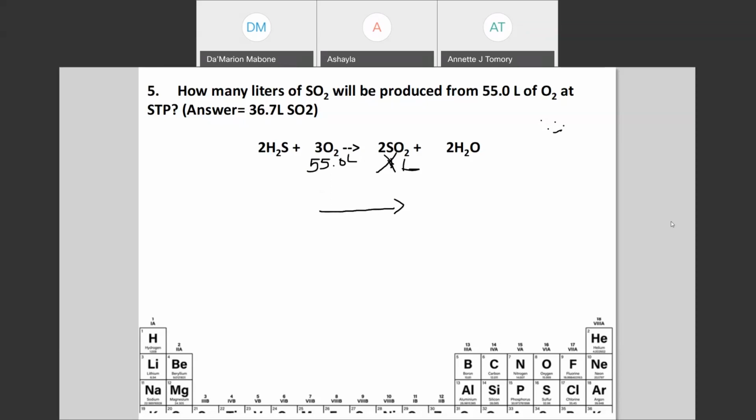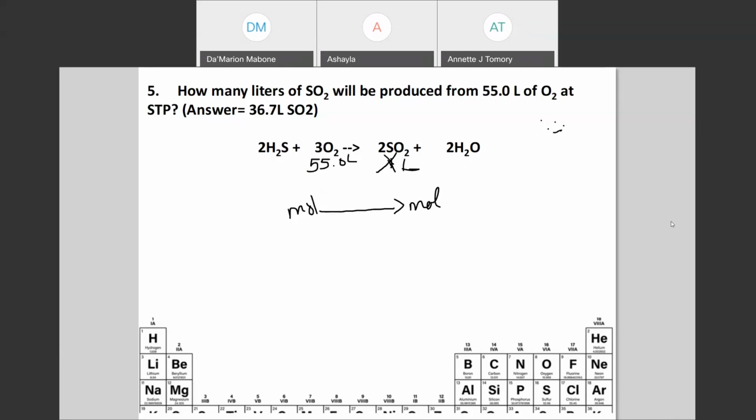I'm going from O2 to SO2, right? Yeah. A unit goes on either side of this line. Moles. In order to use the coefficients, you have to have it in moles first. All right, so we go from moles of one to moles of another.